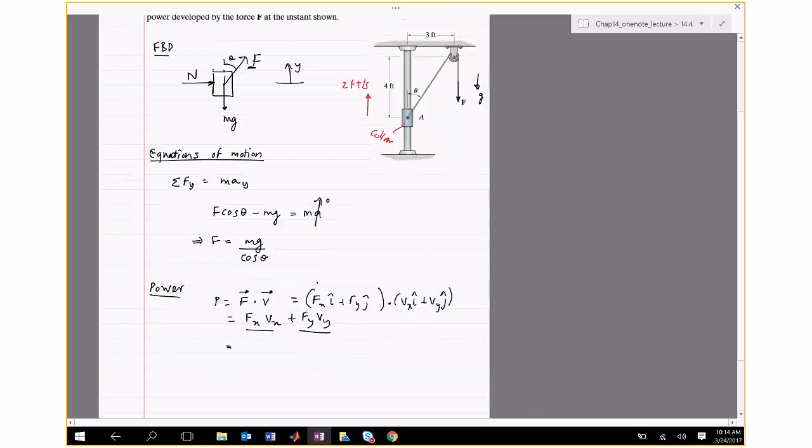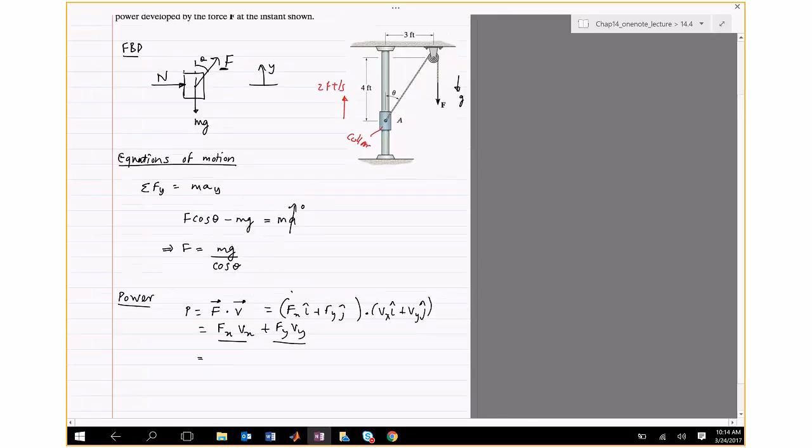What's Fx? What's the force in the x direction? It's F sine theta times the velocity in the x direction. That's 0, because the collar can only move up and down. What's the force in the y direction? It's F cosine theta.